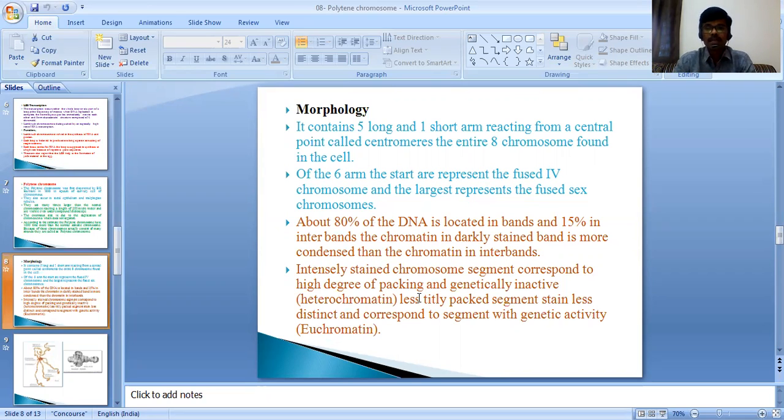Intensely stained chromosome segments correspond to a high degree of packing and are genetically inactive, that is, heterochromatin. Less tightly packed segments, still less distinct, correspond to segments that are genetically active, that is euchromatin. Genetically active जो chromosomes आहे तो कोणता आहे म्हणजे euchromatins आहे.